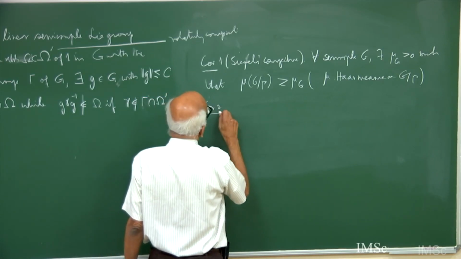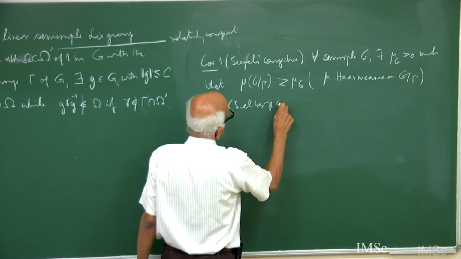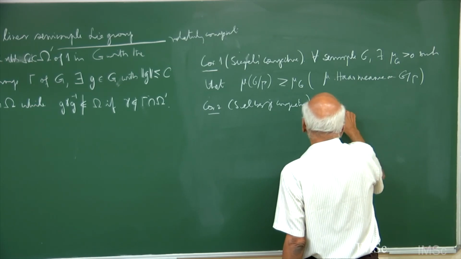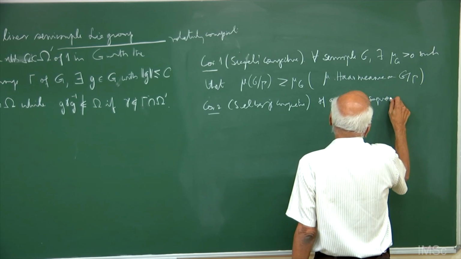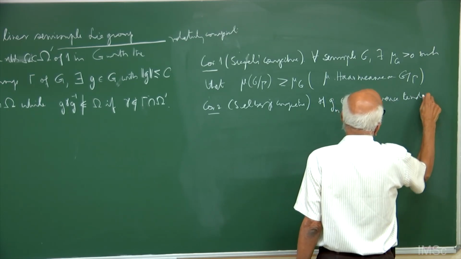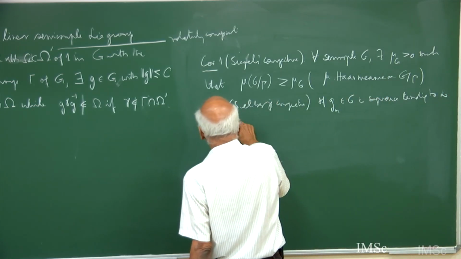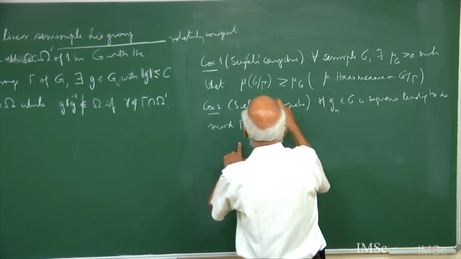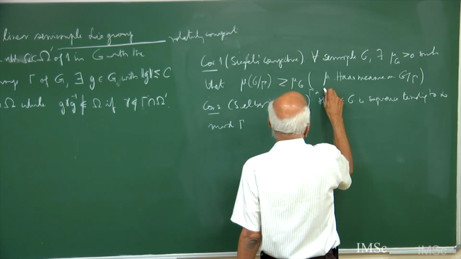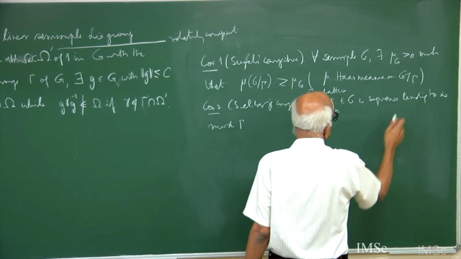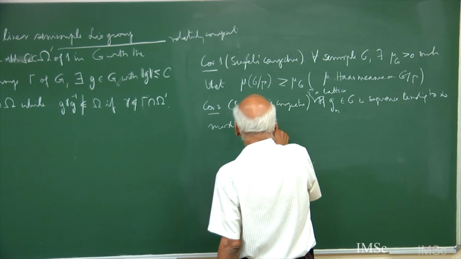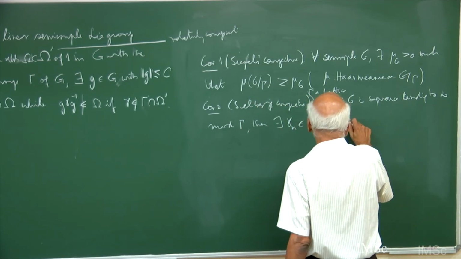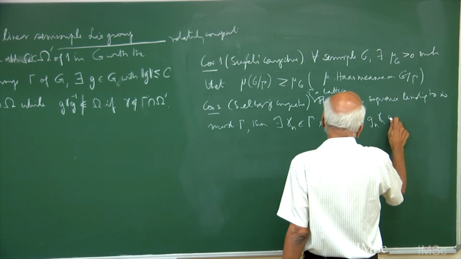The second corollary we drew was Selberg's conjecture. If g n in G is a sequence tending to infinity mod gamma, here gamma a lattice, then there exists gamma n in gamma such that g n gamma n g n inverse tends to the identity.